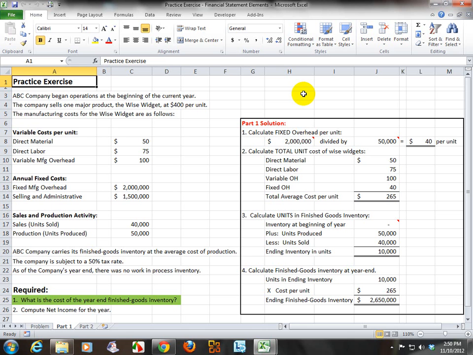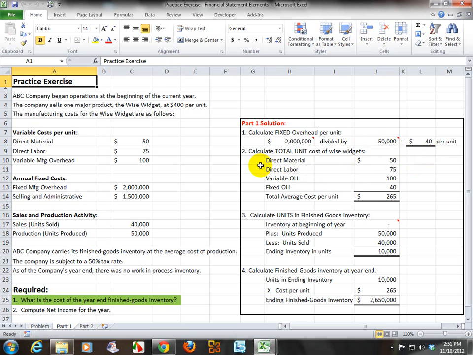We need to add that into the unit costs for material, labor, and variable overhead. So our first step is to calculate the fixed overhead per unit. The $2 million is the fixed manufacturing overhead for the year, and if we divide into that the number of units that were produced during the year, that will give us the fixed manufacturing overhead per unit at $40 per unit.